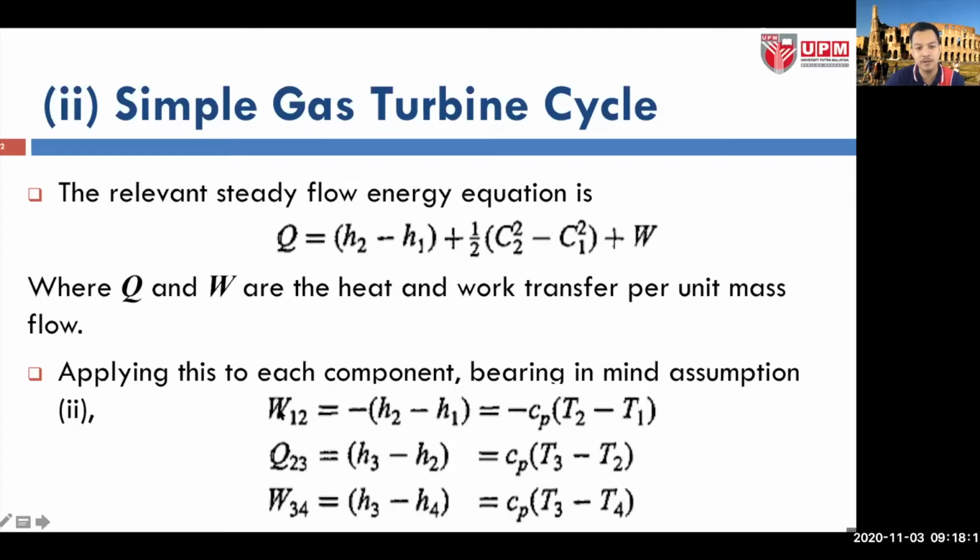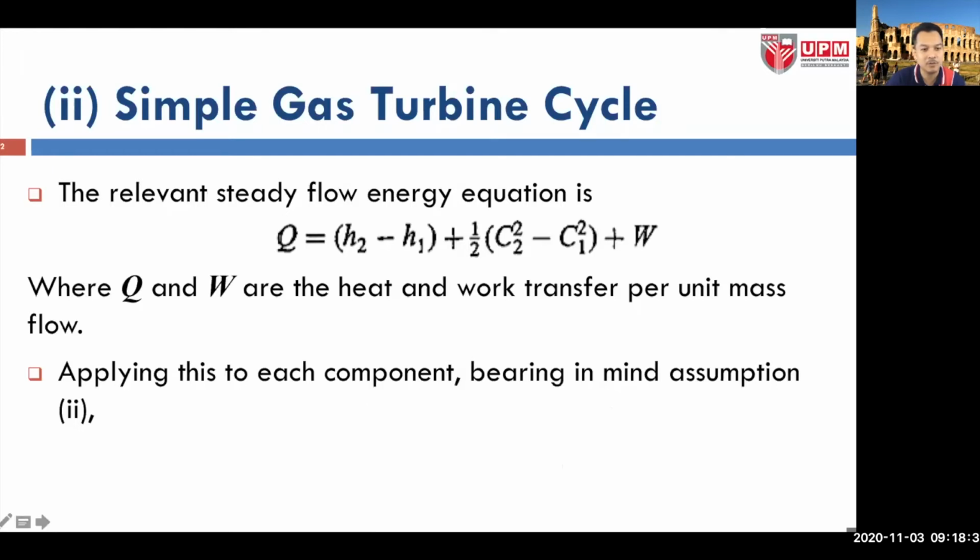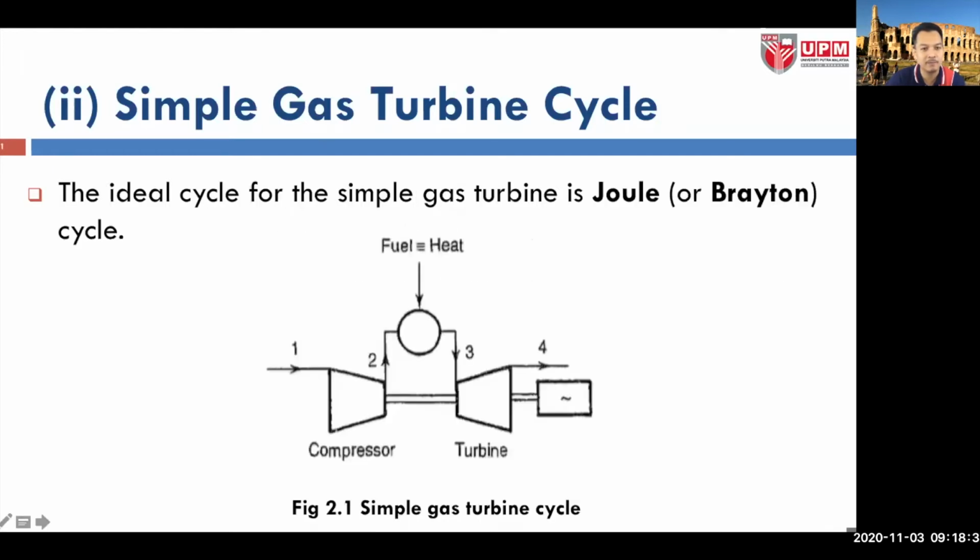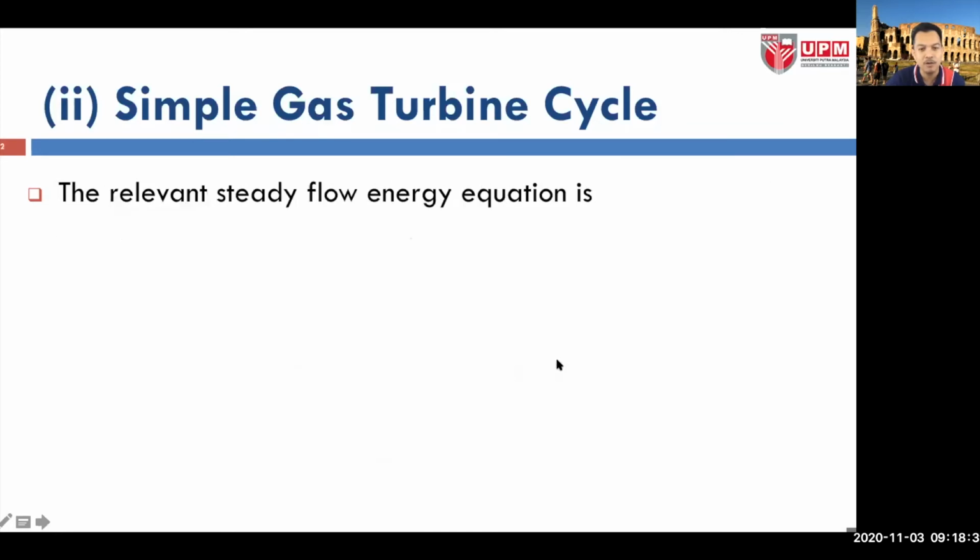We can write down the whole equation for each component. This is at the compressor, this is at the combustion chamber, and this is at the turbine. So W12 means from the inlet station. Let us quickly go back one step: station 1, station 2, station 3, station 4.